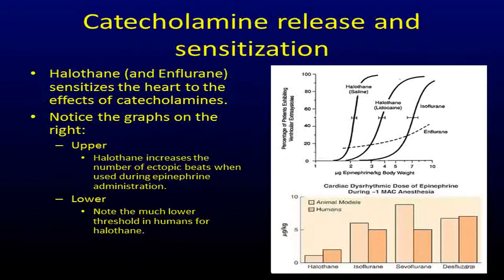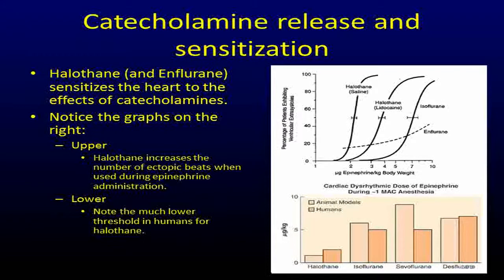Now, this graph talked about the effects of halothane and the old drug enflurane on ventricular ectopy. So when you look at the top graph, and again, in surgery, surgeons like to use local anesthetic, and they like to put epinephrine in their local anesthetic to extend the effects.